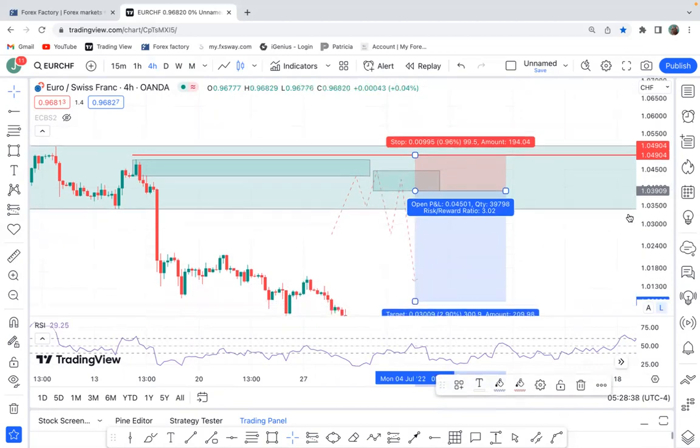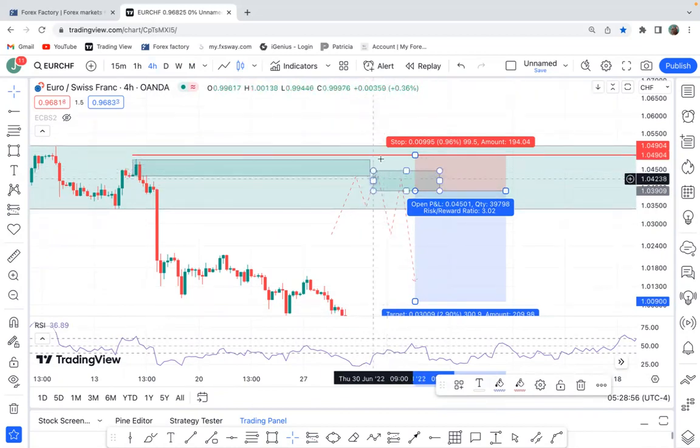So it's basically still close to the initial entry, the initial order block that you refined, but it's better to wait for a confirmation than going in preemptively, just to be safe.